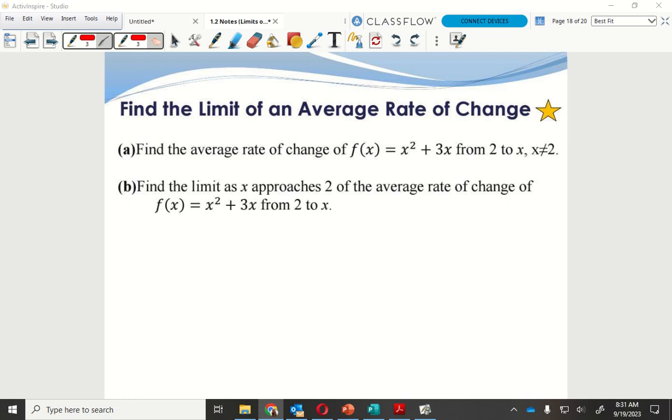Have a trinomial that you're factoring here. It's a type of combination.